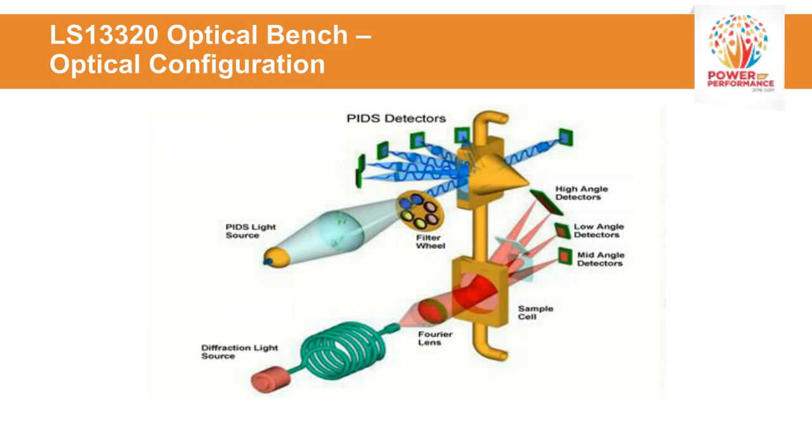Another sort of unique feature of this coiled area here is essentially a spatial filter, but it's a fiber optic cable. It's a patented design of Beckman Coulter's, and this essentially eliminates the need for about 20 pinholes in lenses and things that can obviously go out of adjustment from older design systems.